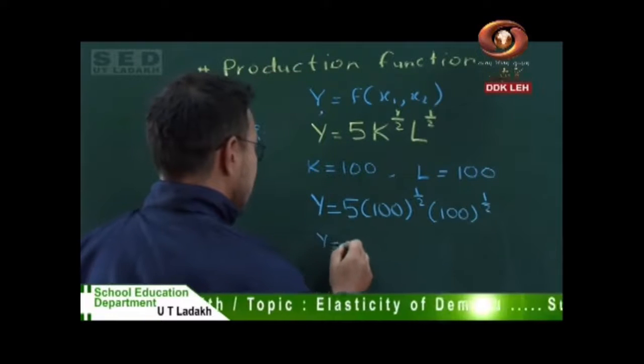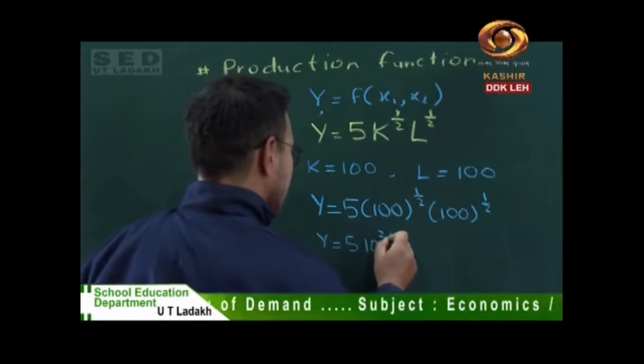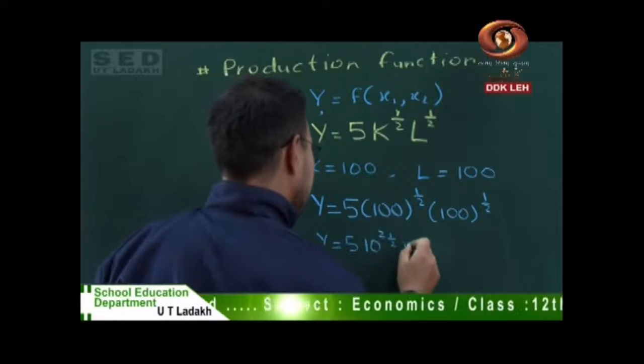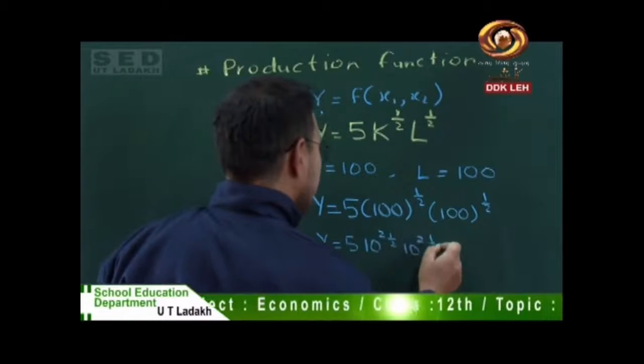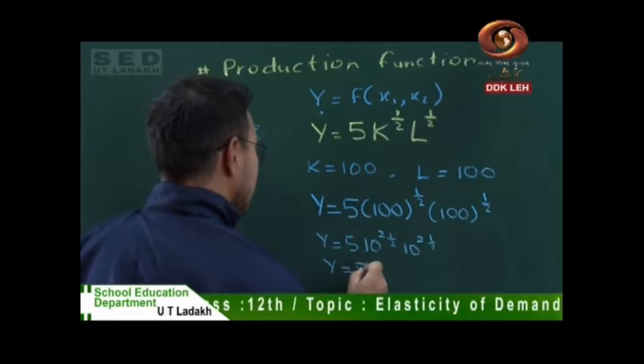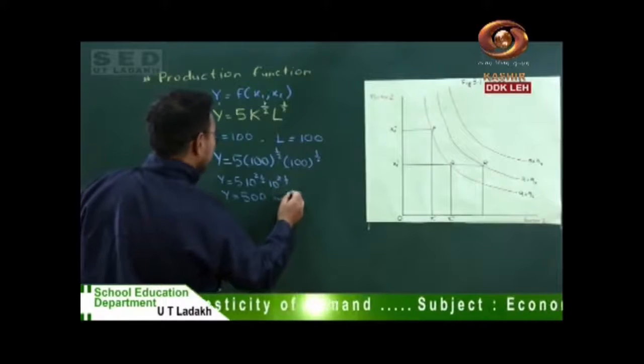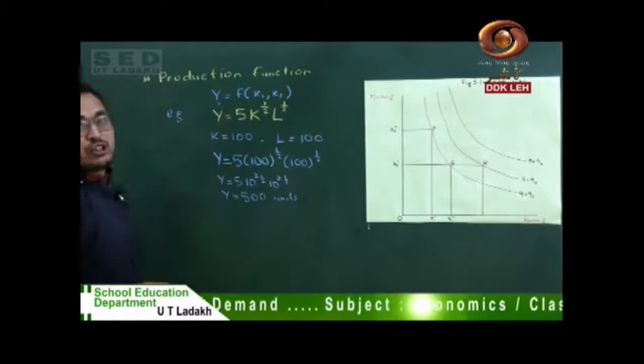Or y is simply 5, I can also write 10 square root, and also here 10 square root. So this and this cancel, this and this cancel. So as a whole, we are producing 500 units of output. So that is what the production function does.